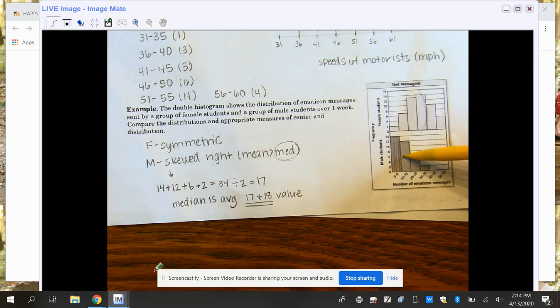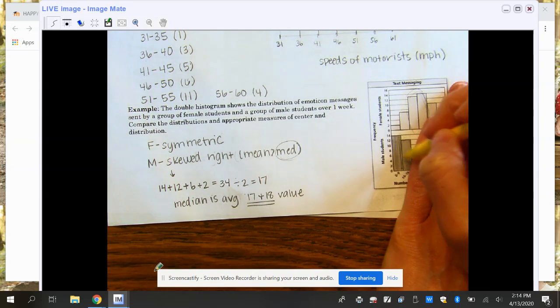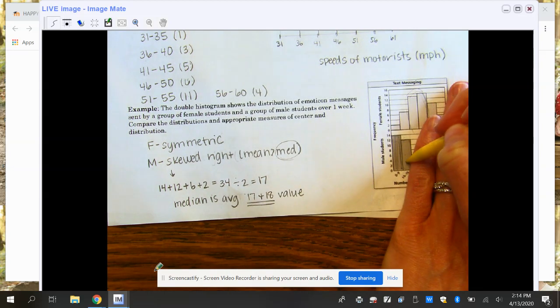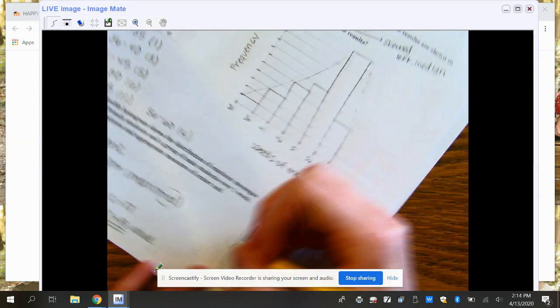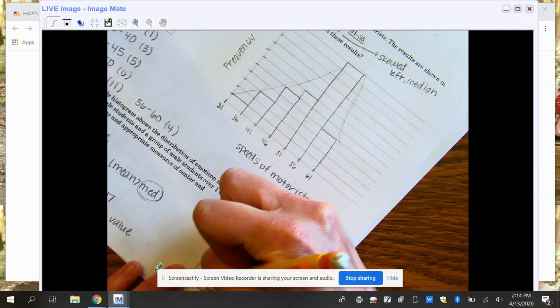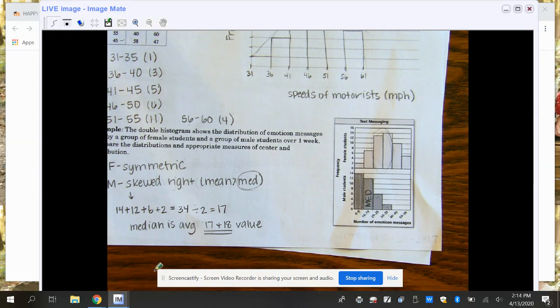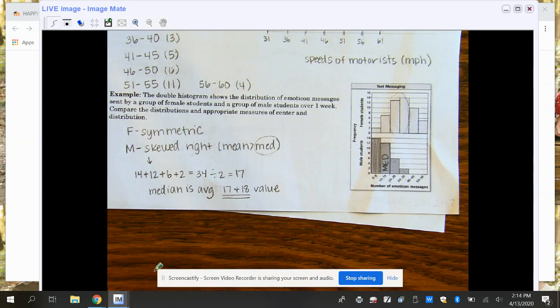That means that the 17th and 18th value, because these two bars together represent 26 students, the 17th and the 18th person will be in that bar. So the median is going to be a value that's between 10 and 19.